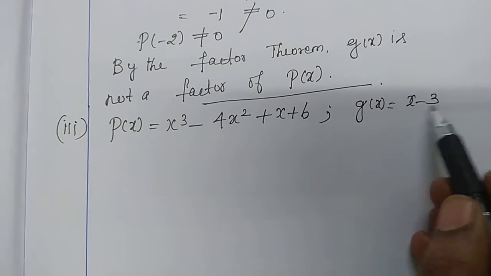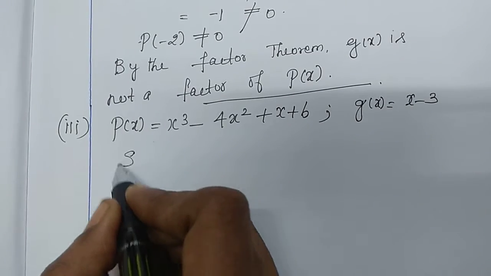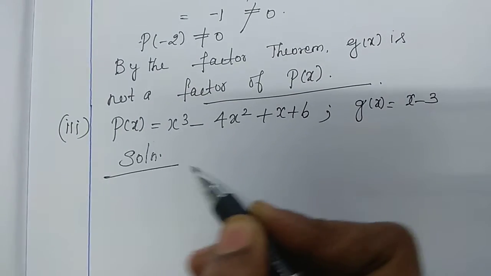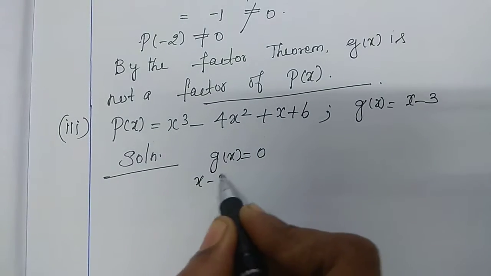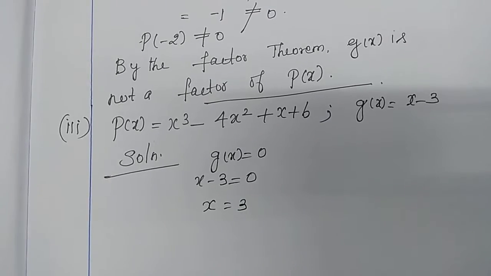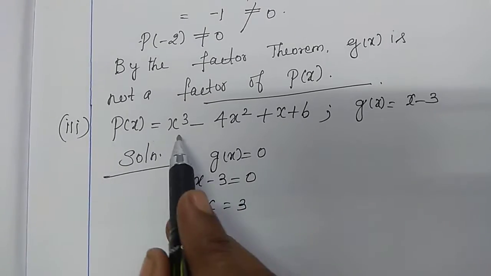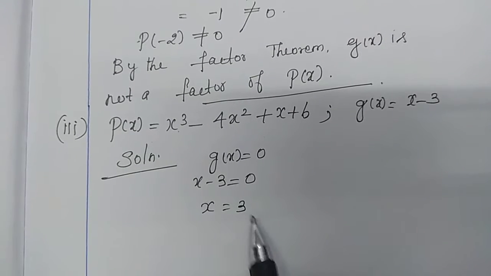For finding the 0 of g of x, first put g of x is equal to 0. Start the solution. G of x is equal to 0. That is x minus 3 equal to 0. X is equal to 3. Replace this x in p of x by 3.